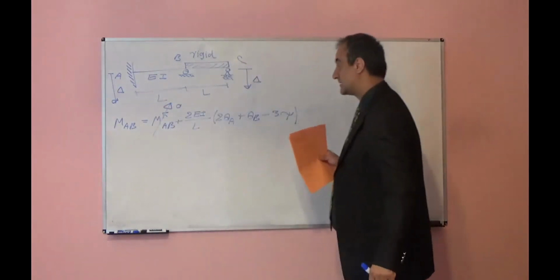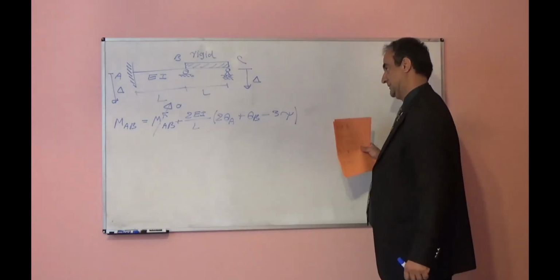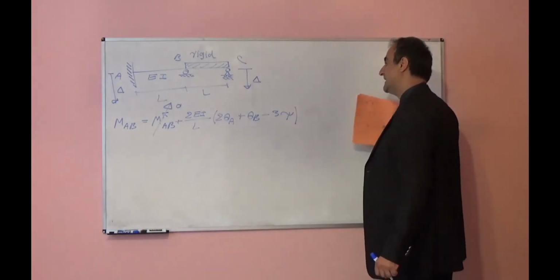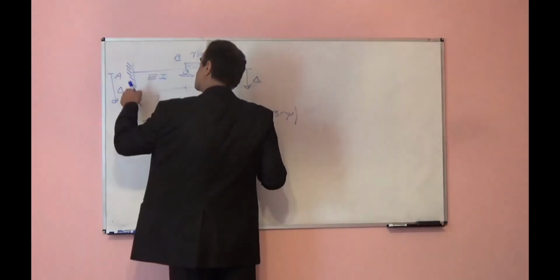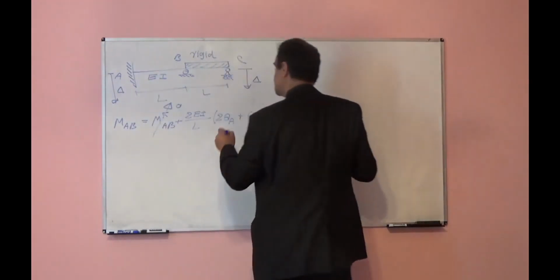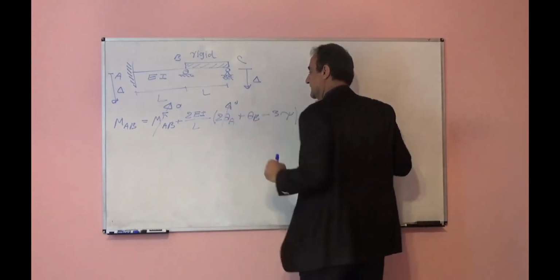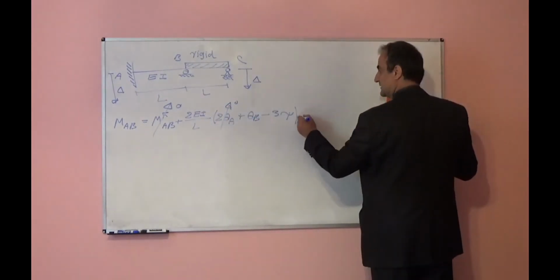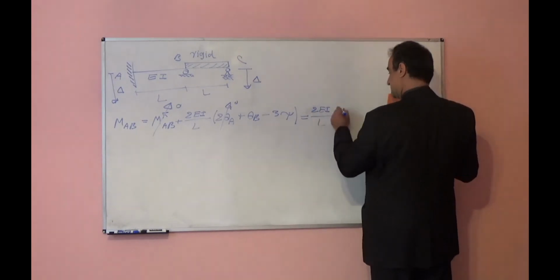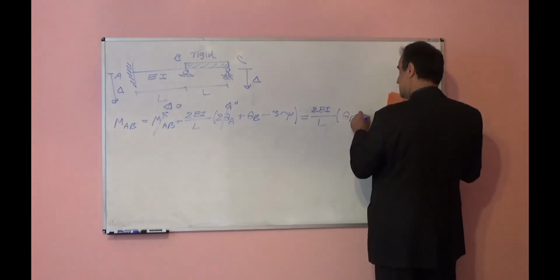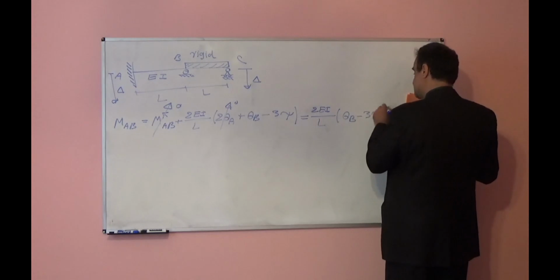There is no external load, that is 0. For theta A, because it is a fixed support, there is no rotation here. This term again is 0. So I can write this is equal to 2EI over L times (theta B minus 3 psi).